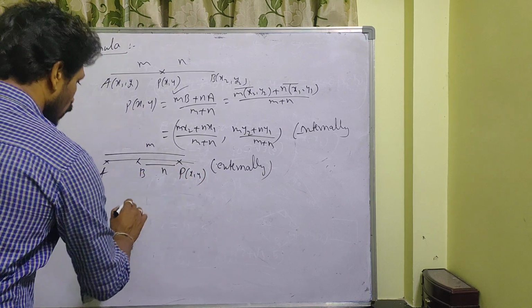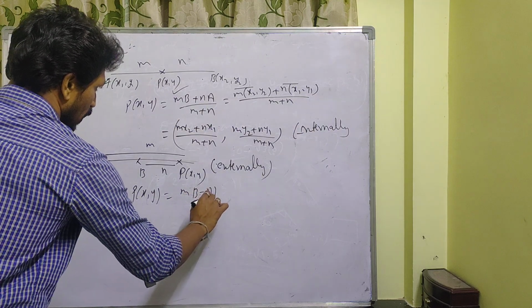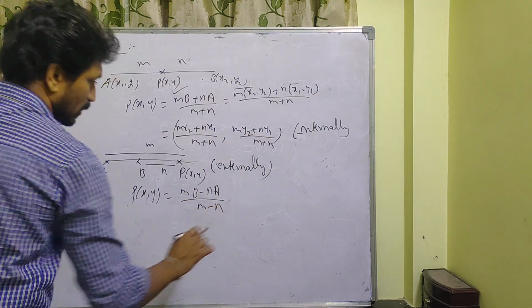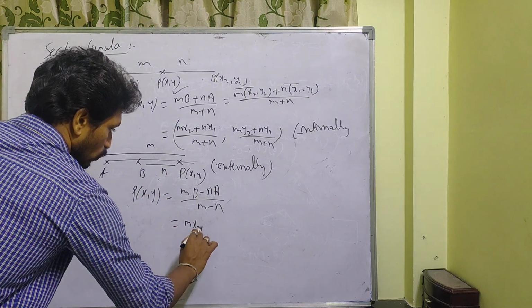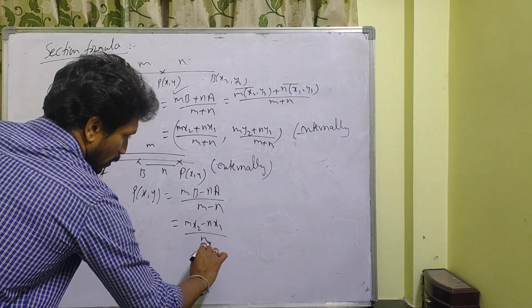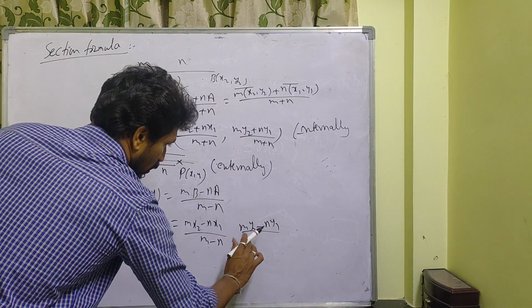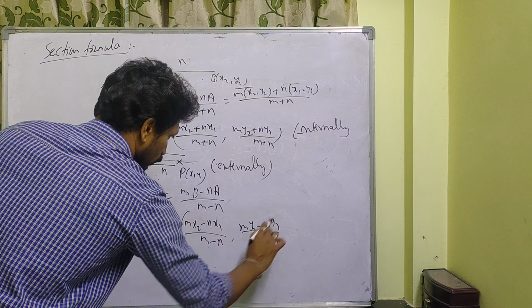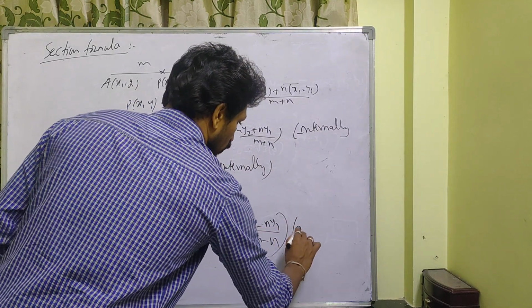Okay, at that time, this P x comma y is nothing but mB minus nA by m minus n. If you want to write briefly, how can you write? mx2 minus nx1 by m minus n, my2 minus ny1 by m minus n. This is for externally.